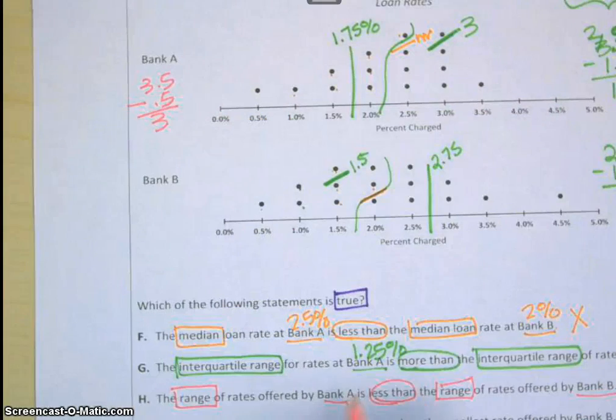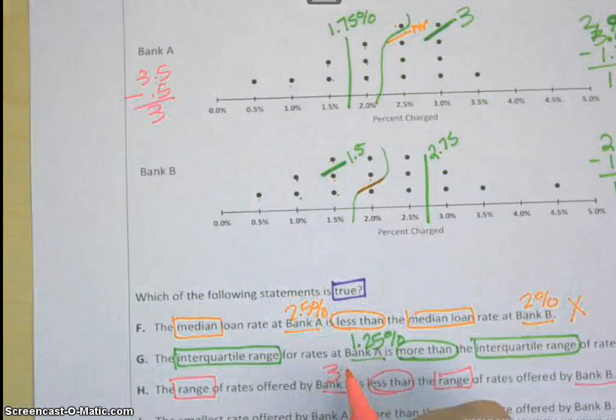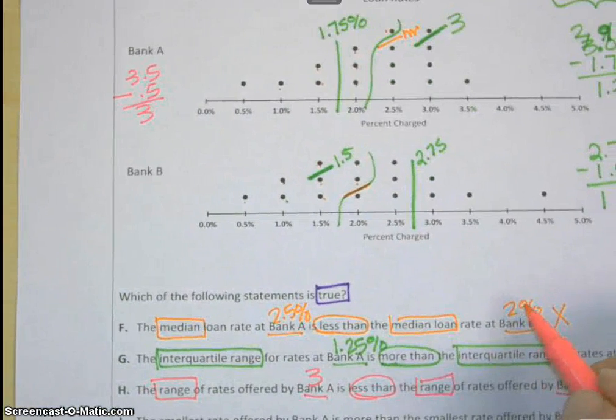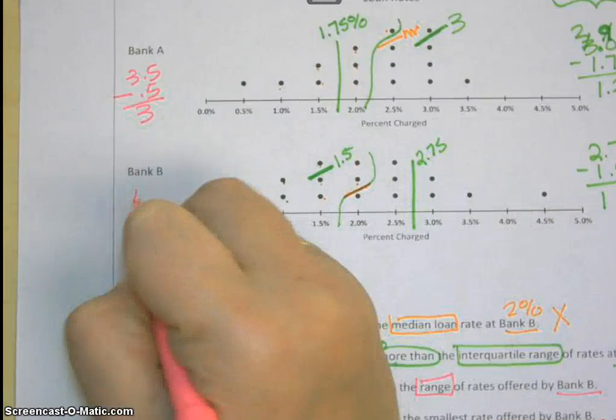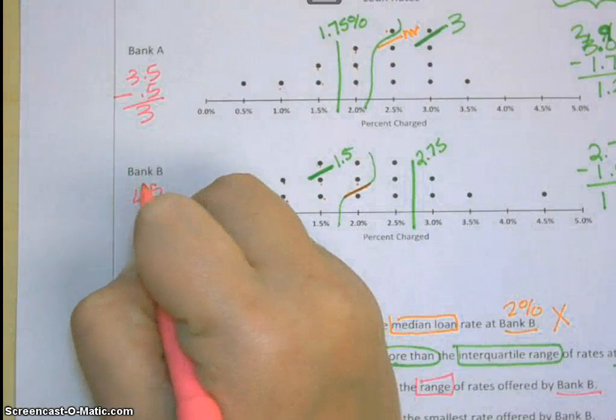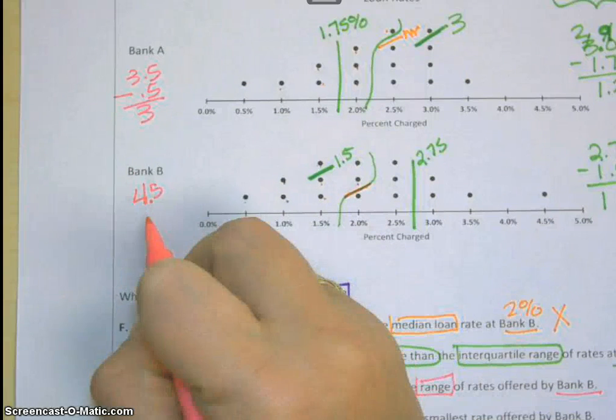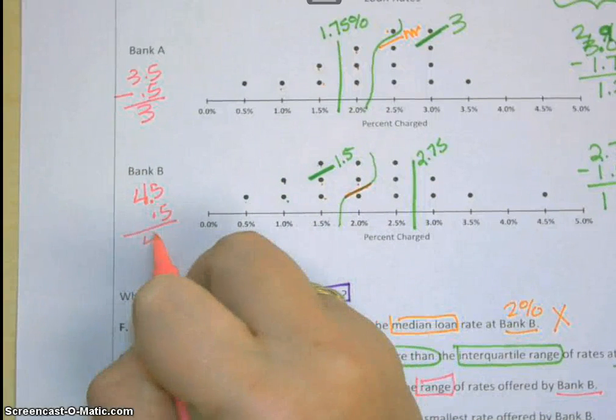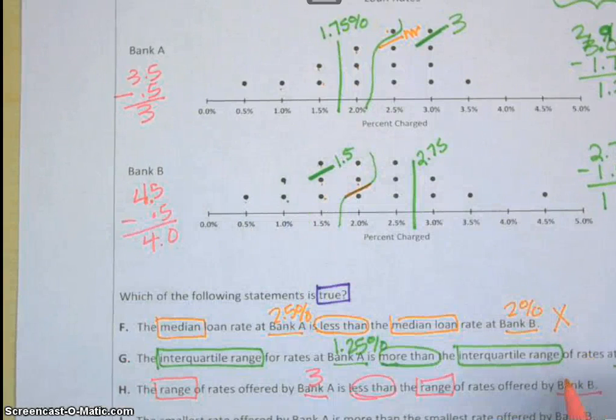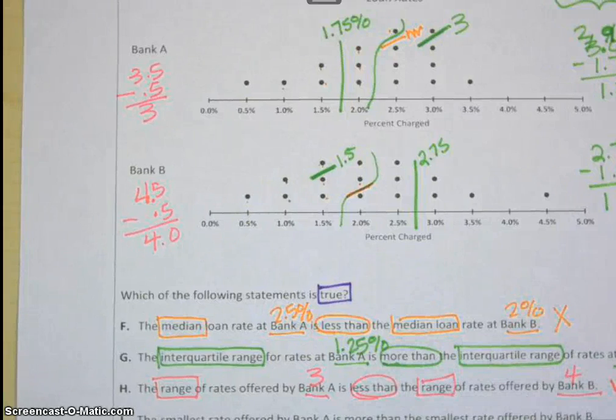So the range for bank A is 3. And then for bank B, the highest is 4.5. That should be 4.5, sorry. The lowest is 1/2. When I subtract, I get 4. So 3 is less than 4. I will agree 3 is less than 4.